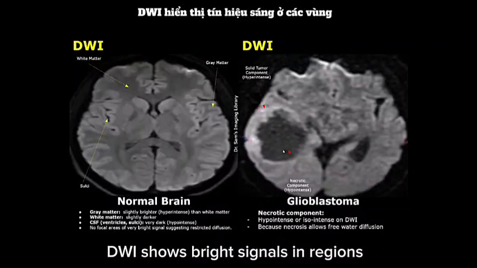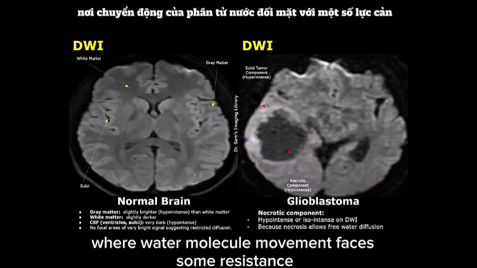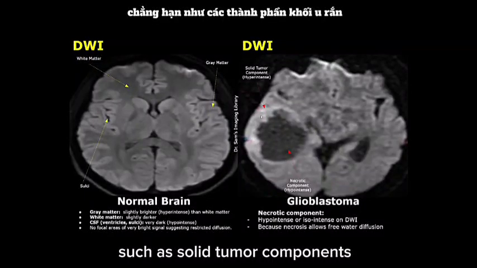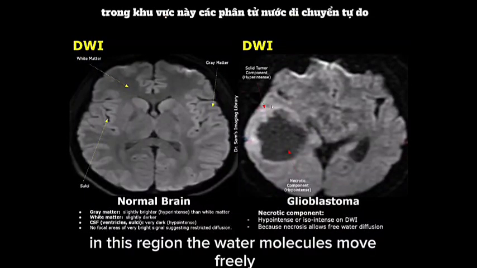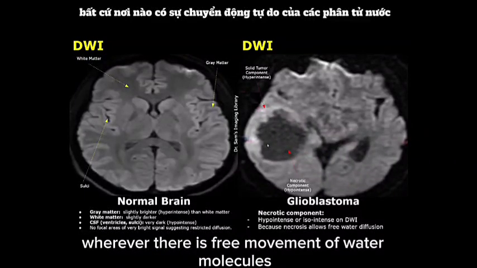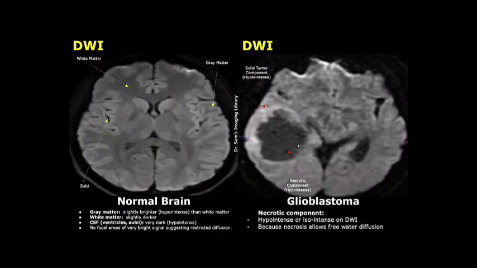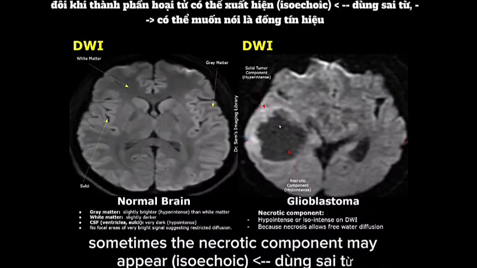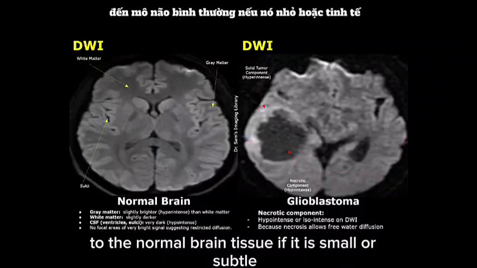DWI shows bright signals in regions where water molecule movement faces some resistance, such as solid tumor components. In the necrotic region, the water molecules move freely, so we will get a dark signal wherever there is free movement of water molecules. Sometimes the necrotic component may appear isointense to the normal brain tissue if it is small or subtle.